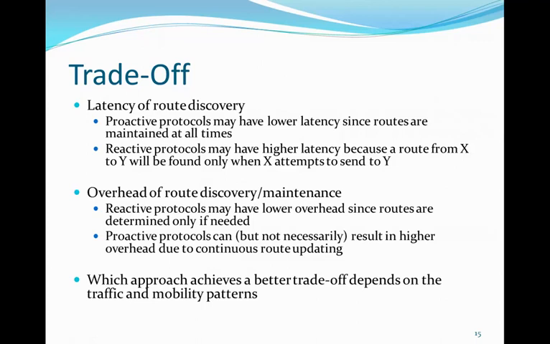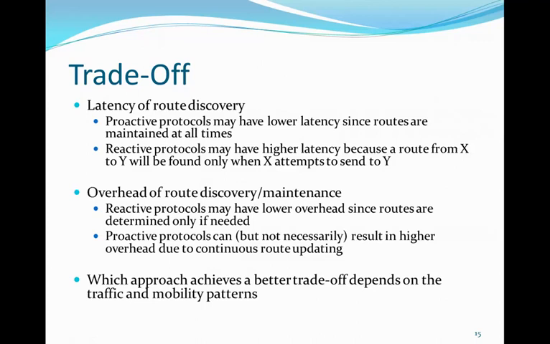In a reactive protocol, we have low overhead because we only discover the route once it is needed. There is no extra cost of route maintenance, no storage of routes in a routing table, and no complex computation to get multiple best options and then save the best route in the routing table.